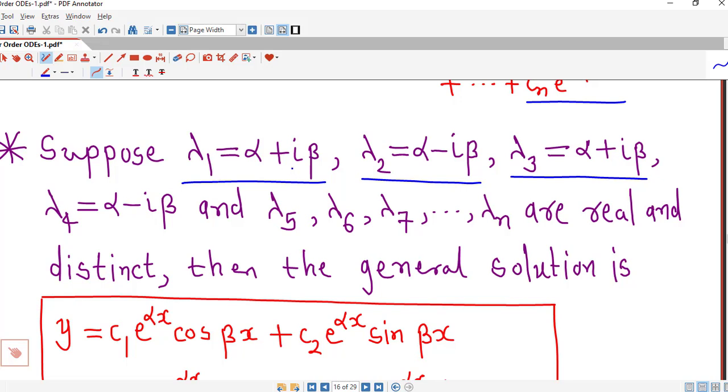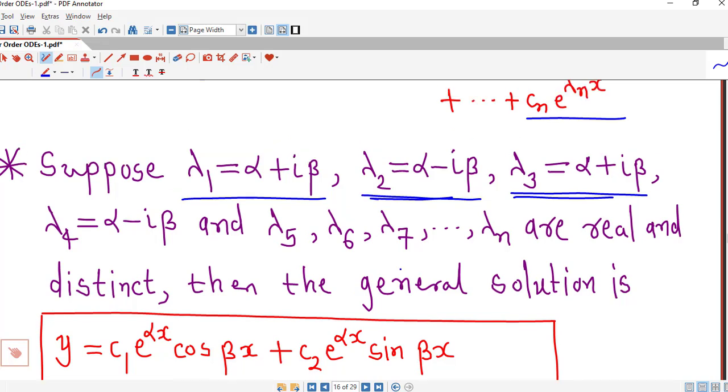So here this complex pair, alpha plus or minus i beta, is repeated. So we are having 4 complex roots, alpha plus i beta is repeated, similarly alpha minus i beta is repeated, and the remaining roots are real and distinct. So in this case, how to write down the general solution?